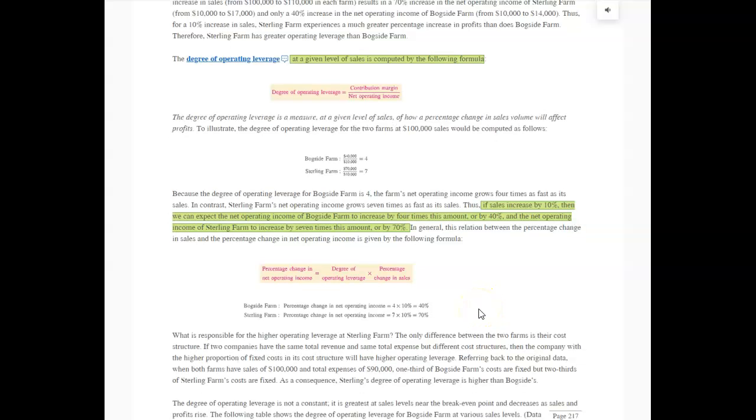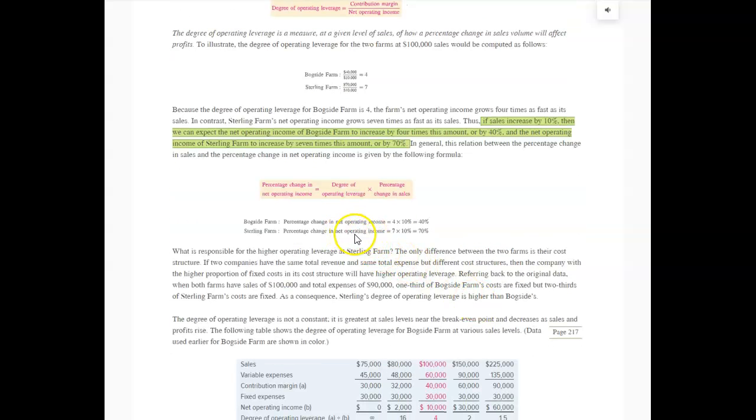How do we use this? Down here, if we expect to have a 10% increase in sales, then we would take the 4, the operating leverage number, times that 10%, and we would expect to have a 40% increase in net operating income. So that's how we use this degree of operating leverage.